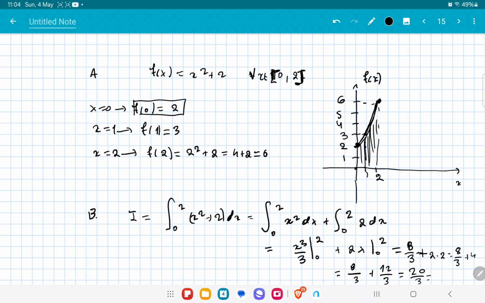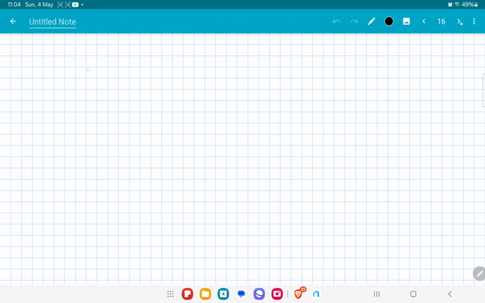And this can be written as a decimal. So my integral is 20 over 3 and is the following decimal, if I compute it explicitly.